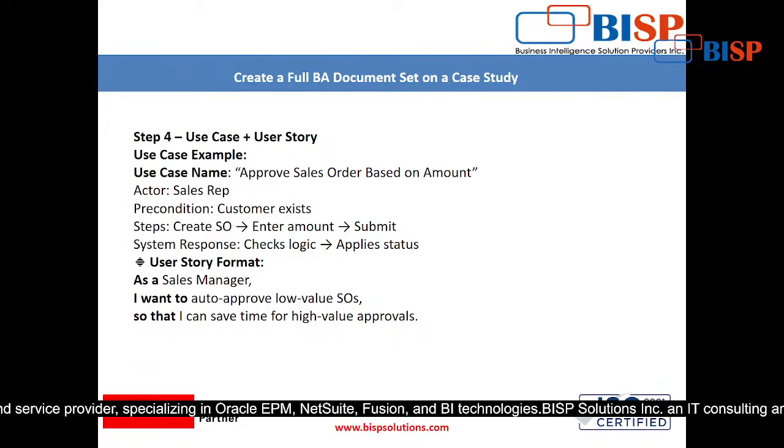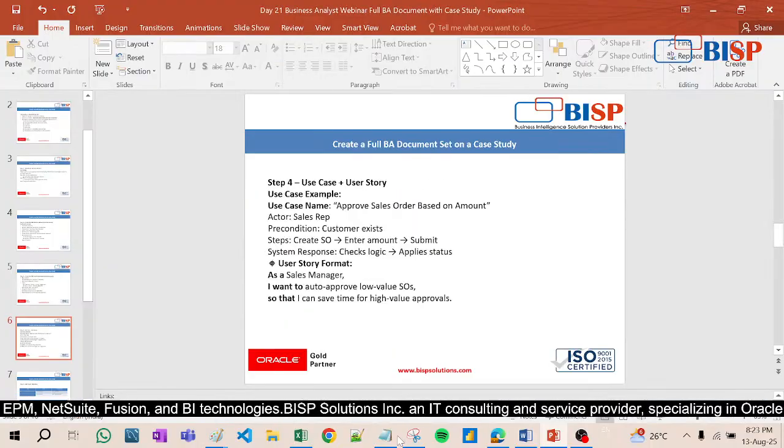Then location should also exist, subsidiary should also exist. So there are many things, like the warehouse location should also exist. Let me correct this also, right?